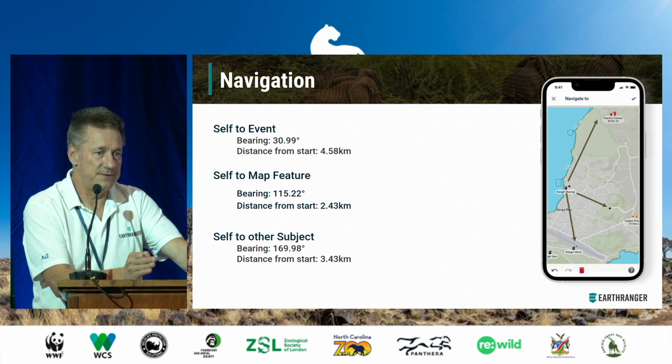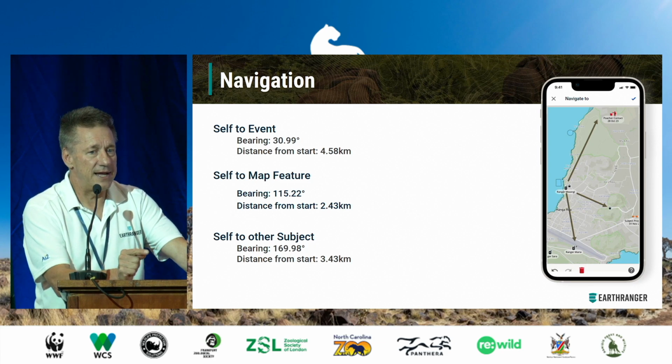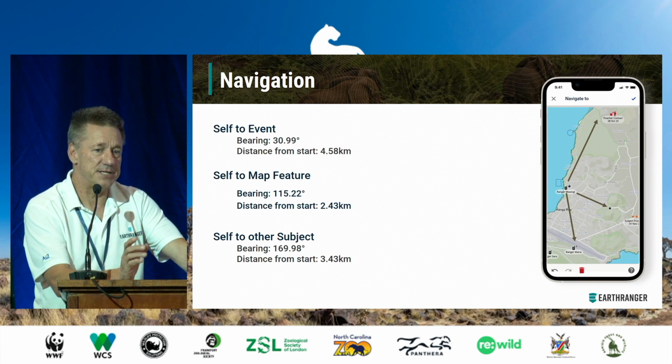So if there's connectivity in the field, as you and that other subject move around, the bearing and distance will dynamically change as you move. Your initial bearing and distance will change as you start moving and as the other subject moves as well.